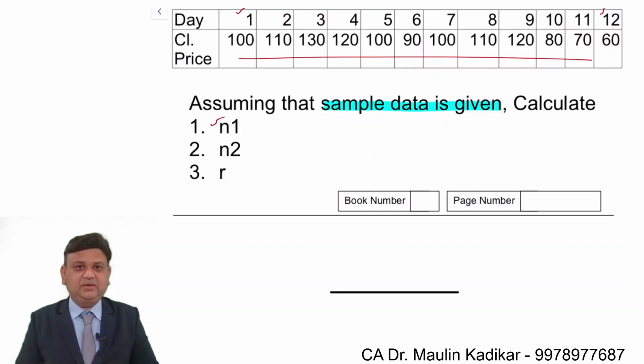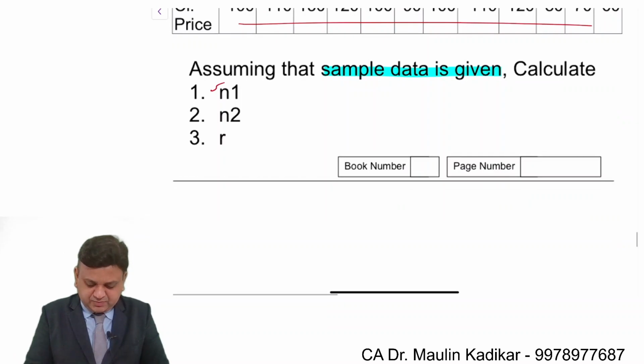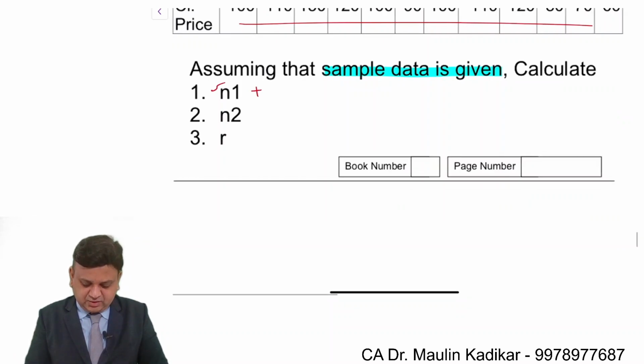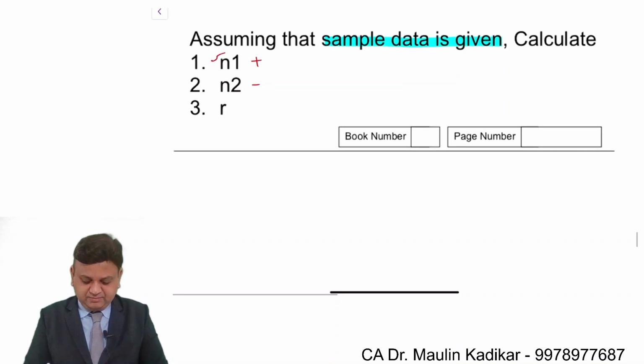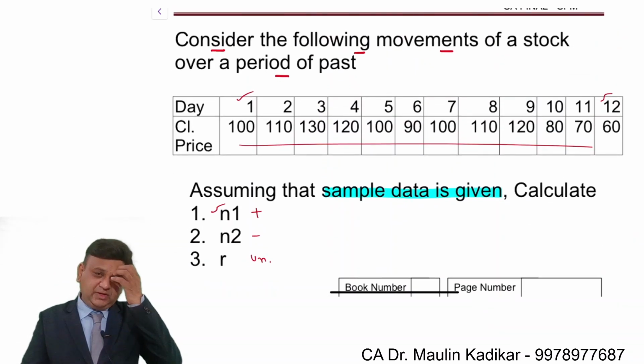Calculate N1. Dear students, the term N1 stands for the number of times price increases. N2 stands for the number of times price decreases. R means the uninterrupted sequence of price change. That is what we are required to calculate.